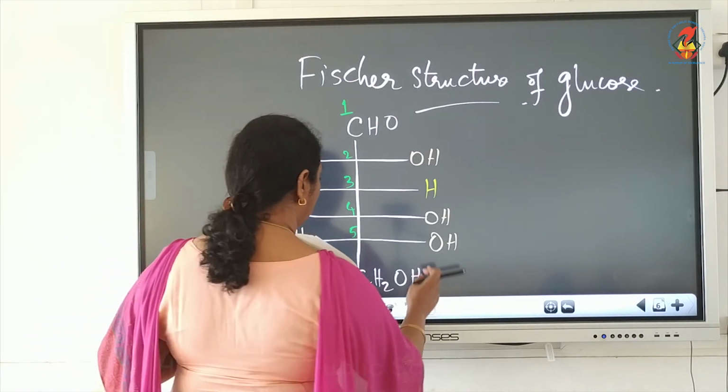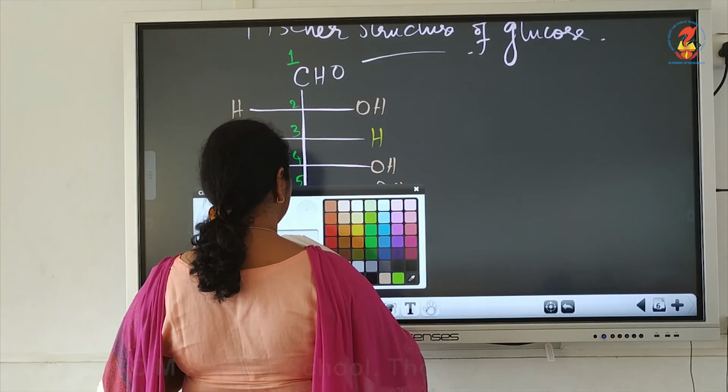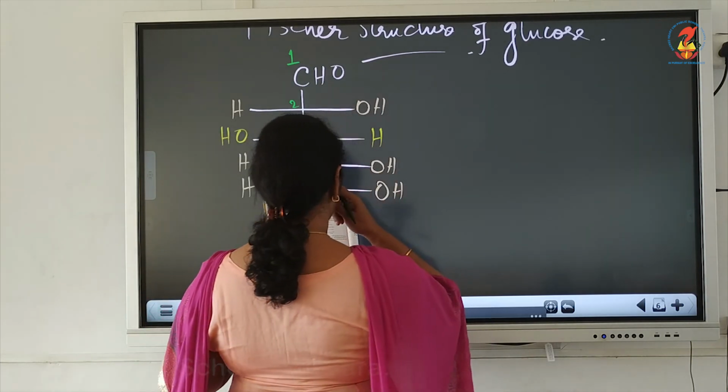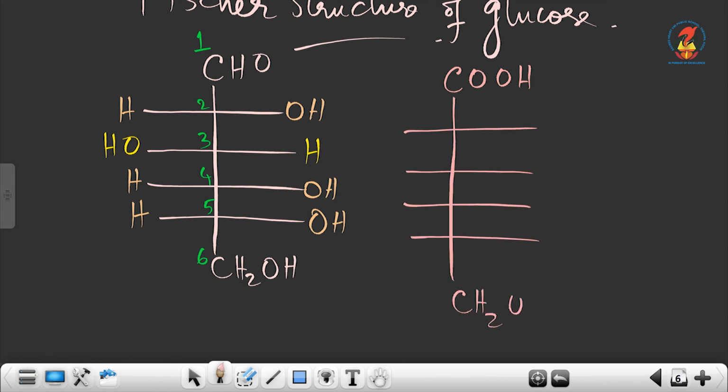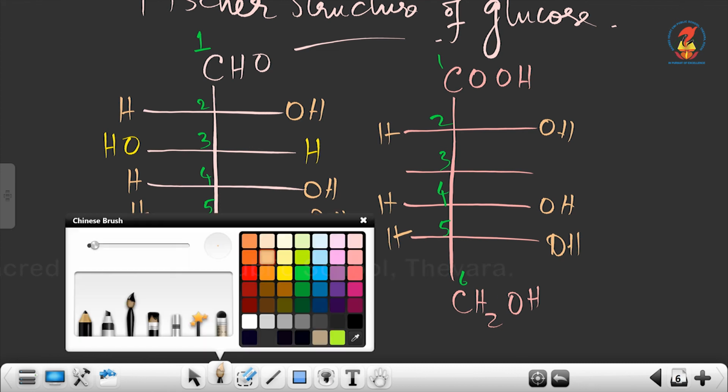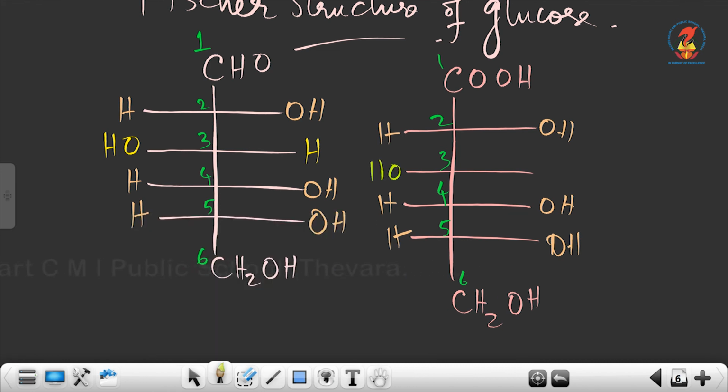Now same way we can draw the structure of gluconic acid, and gluconic acid is COOH, then we have CH2OH here. Now this is carbons 1, 2, 3, 4, 5, 6. On the second carbon we have H and OH, fourth and fifth carbon also H and OH, but on the third carbon we have OH on the left.